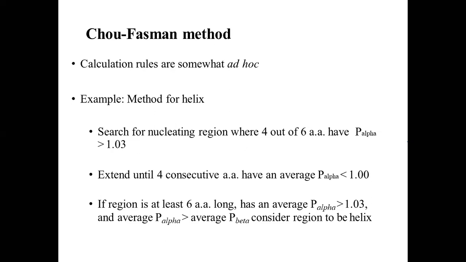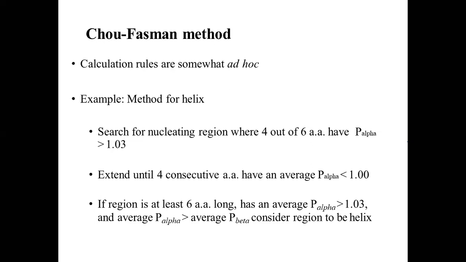If there are 6 amino acids and out of those, 4 amino acids collectively have a value more than 1.05. Sir, in every table do we have P alpha less than 1.03, or only in this table?